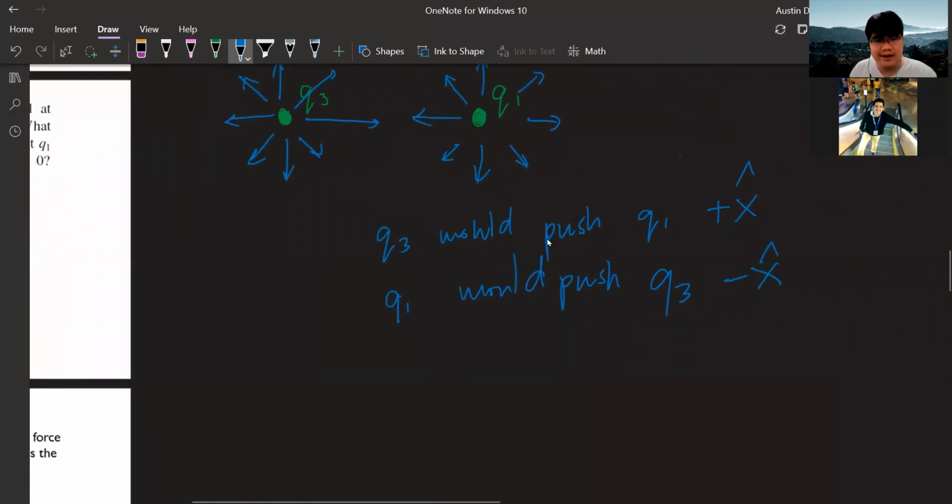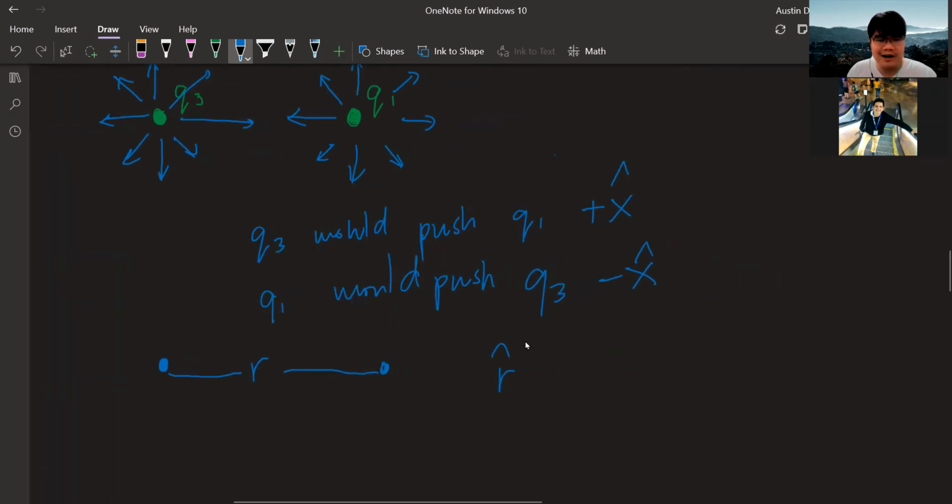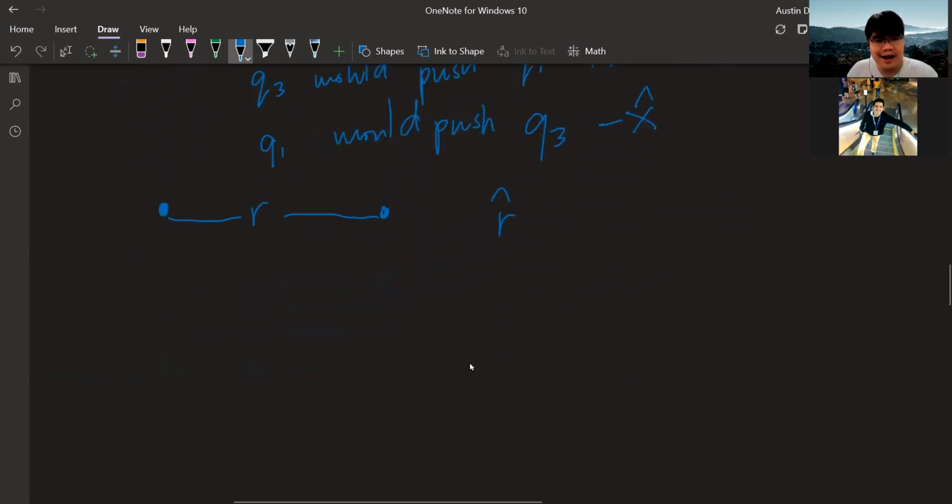And the only thing you can say is alam mo lang yung distance nilang r between them. So yung ang makukuha mo lang na direction would be r hat, 'di ba? Kasi wala kang namang x hat, wala kang coordinate system in hand.